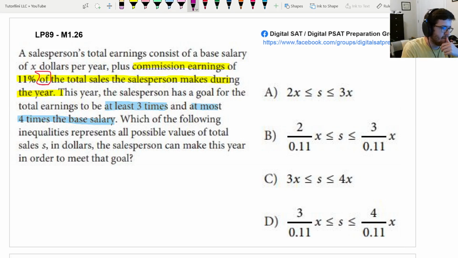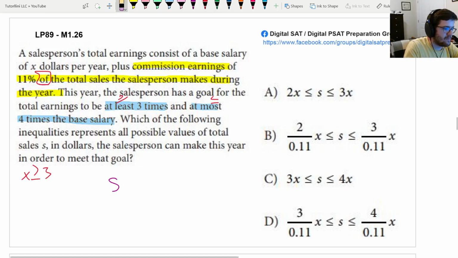Okay, so I'm going to call this S, and then at least is greater than or equal to, and then at most is less than or equal to. But when you write a compound inequality like x is greater than or equal to 3, you kind of flip it. You put the number on the left side.